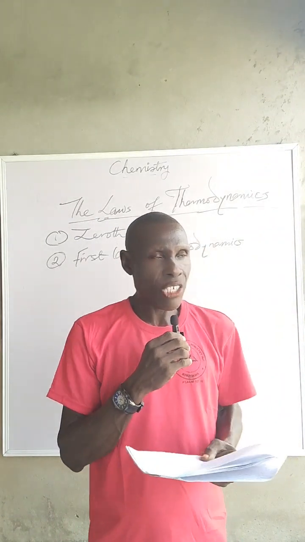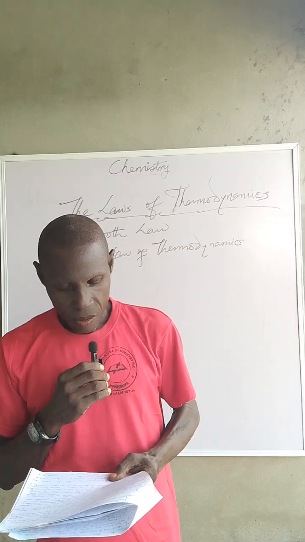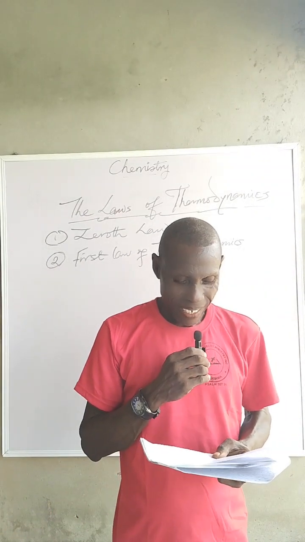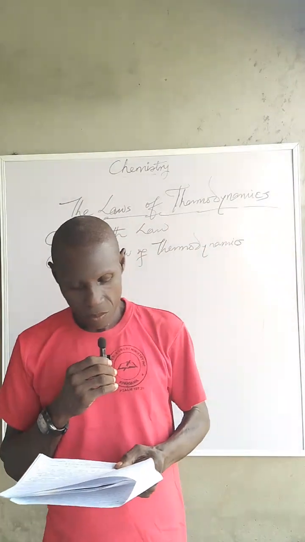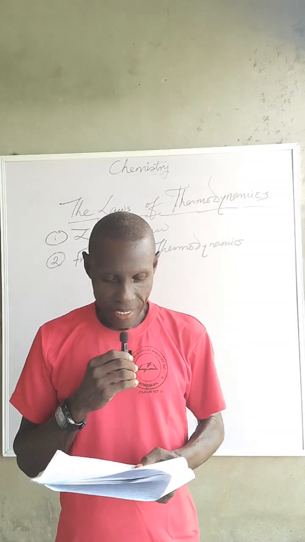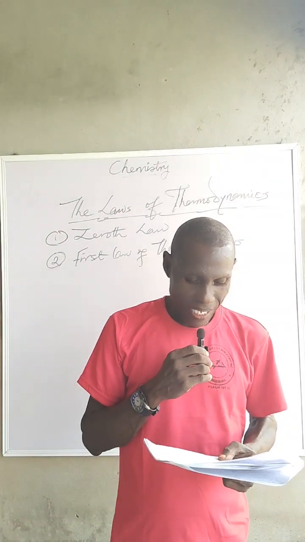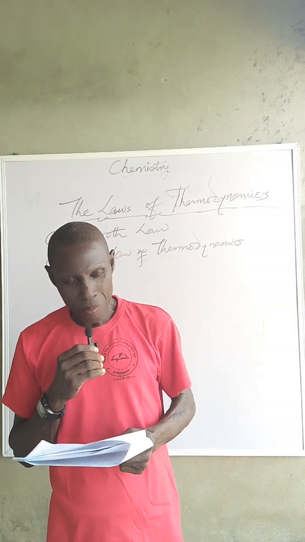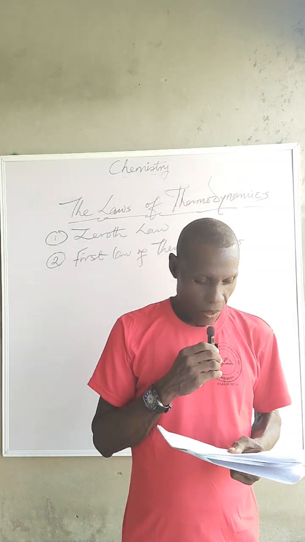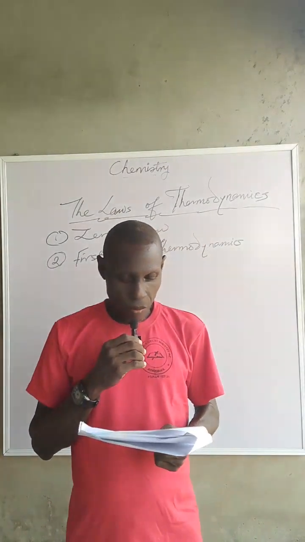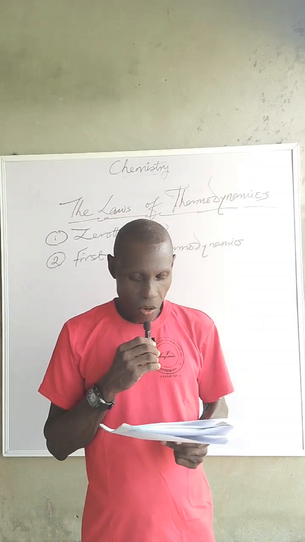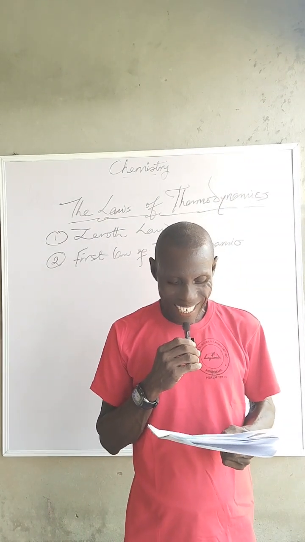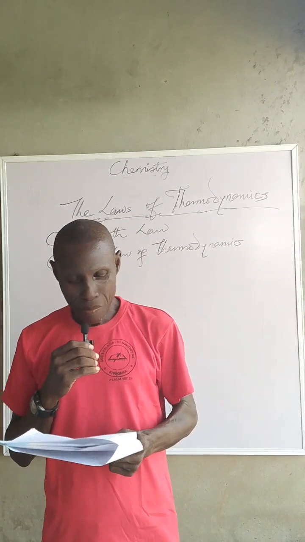There are two natural laws, and these laws are fundamental in thermodynamics. The first law says that it is the law of the tendency to attain a state of minimum energy. The second natural law says that it is the law of the tendency to attain a state of what?